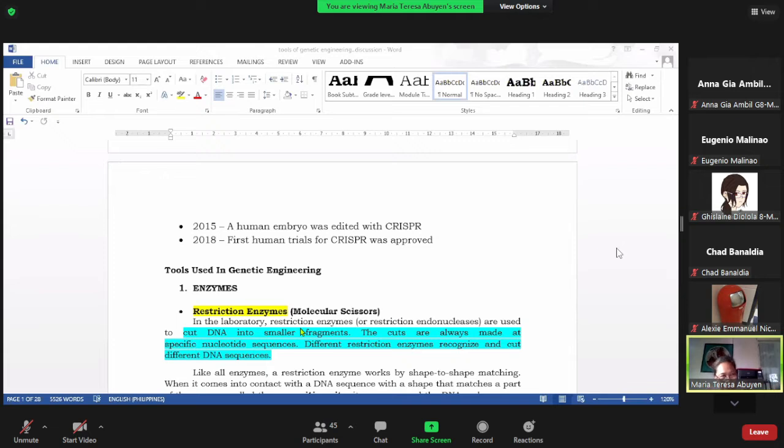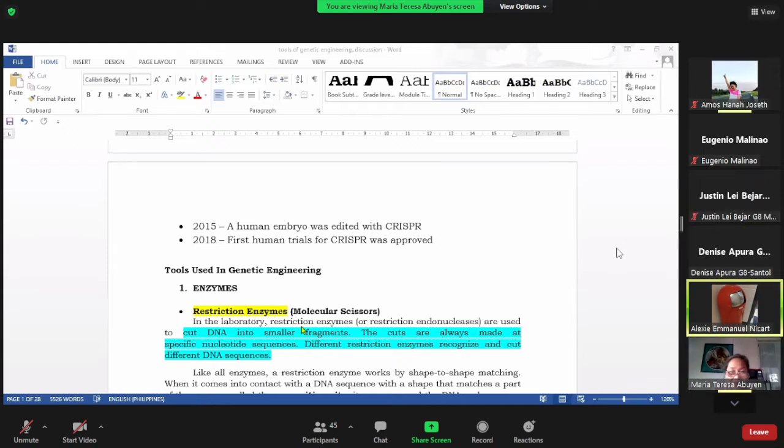If the cell is small, the nucleus is smaller than the cell. And in this very small nucleus is the DNA. And the DNA are the genes. If you use a scalpel, if you use a pair of scissors, can you cut it, class? If you use a pair of scissors to cut a DNA, can you cut it? No. Definitely not.